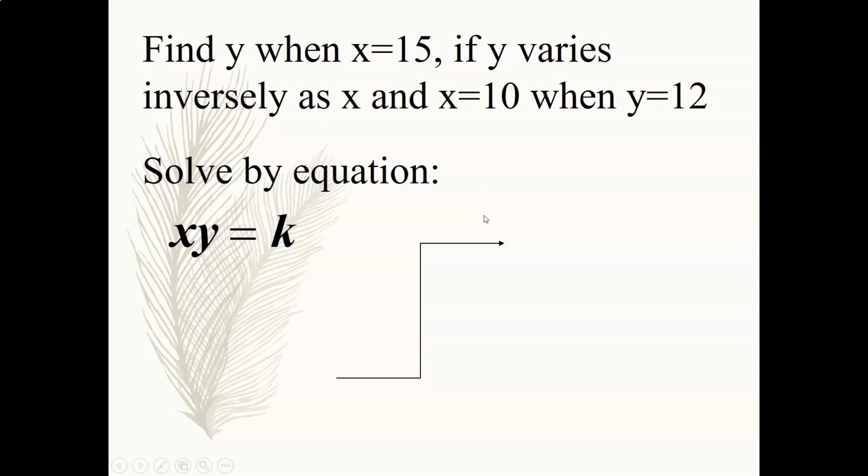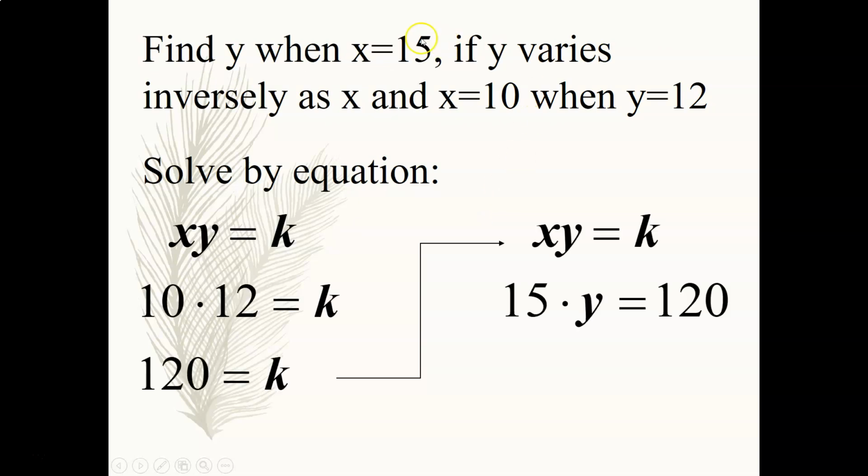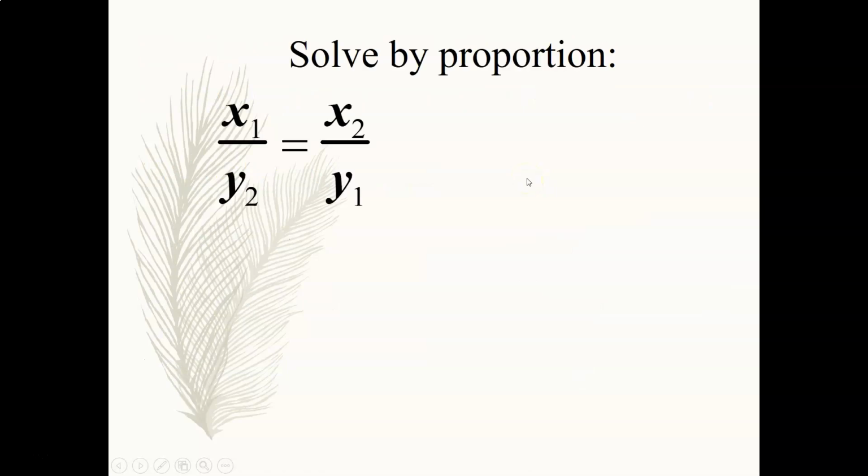The given value of x is 15, x sub 1 is 10, and y sub 1 is 12. So we're looking for y here. Using proportion, we have x1 over y2 equals x2 over y1, so we will have 15 over 12 equal to 10 over y.